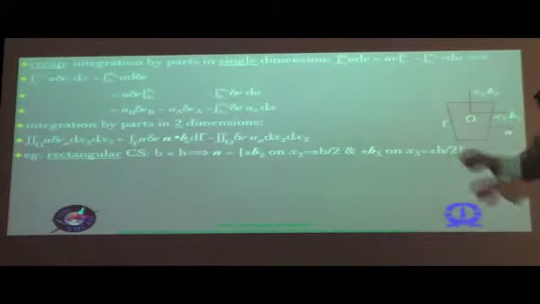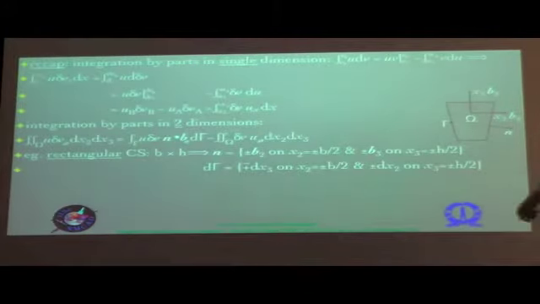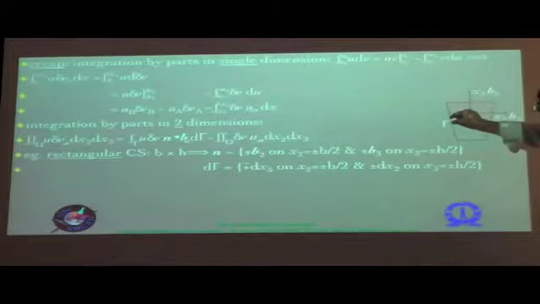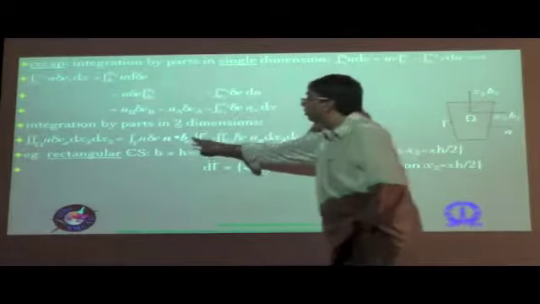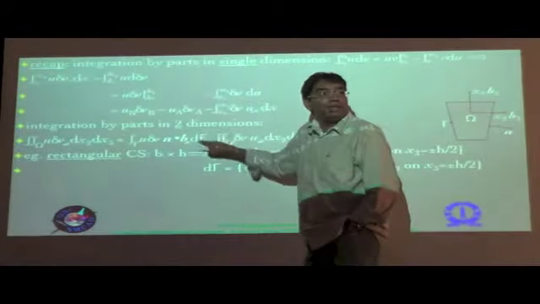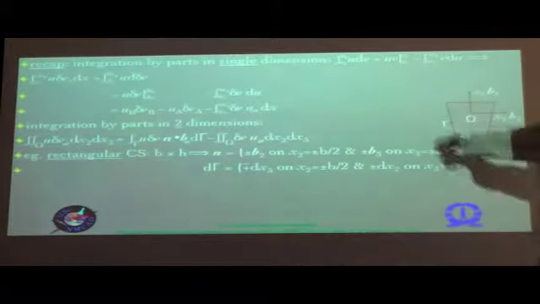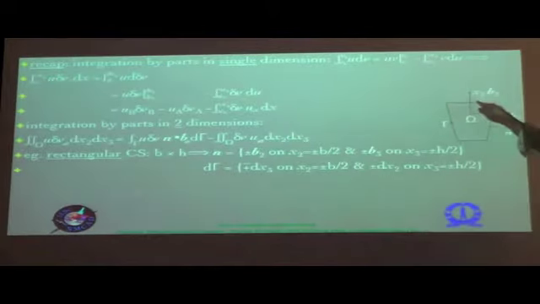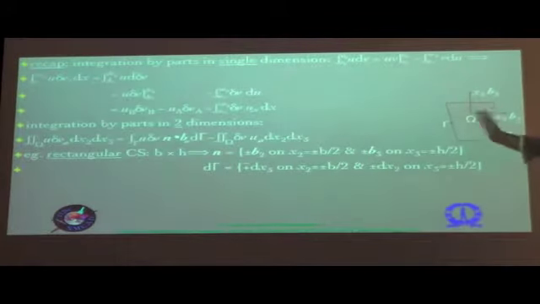Similarly, not only do you need n, but you also need d gamma, which is basically the elemental length over here, because you are going to integrate with respect to d gamma. So for a rectangular cross section, there would be either dx2 on these two surfaces or dx3 on these surfaces. But because of the direction in which we are doing the integration, they would have signs as well.